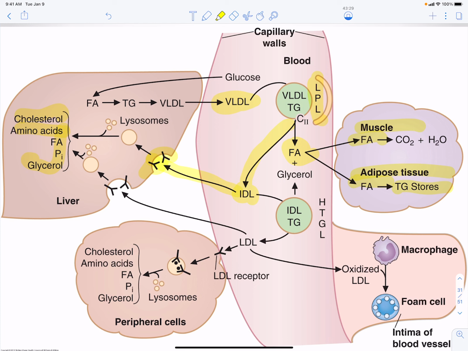Your intermediate density lipoprotein particles will be high in TAGs, and then they'll use that hepatic triglyceride lipase to remove those TAGs, and then it becomes a low-density lipoprotein particle. About 60% of your low-density lipoprotein particles will go back to the liver, and about 40% will go and donate the cholesterol to tissues that need cholesterol. And those other tissues are going to pick those up.